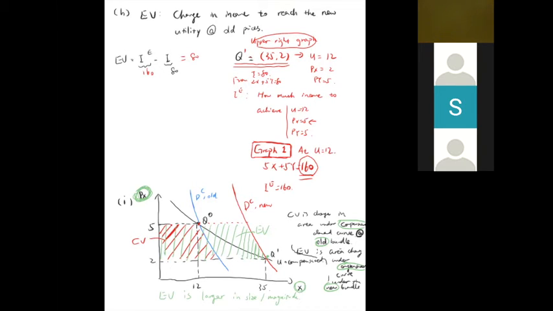So we just need to know that equation. Yes.